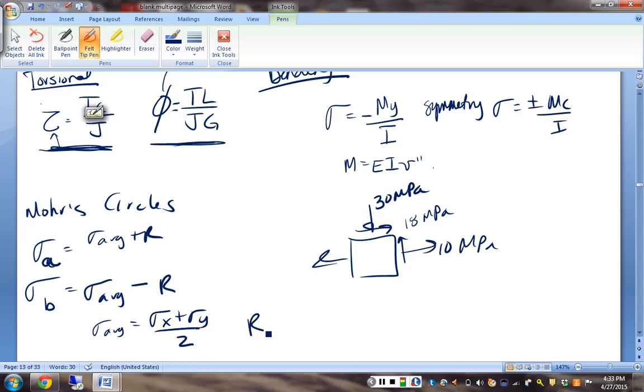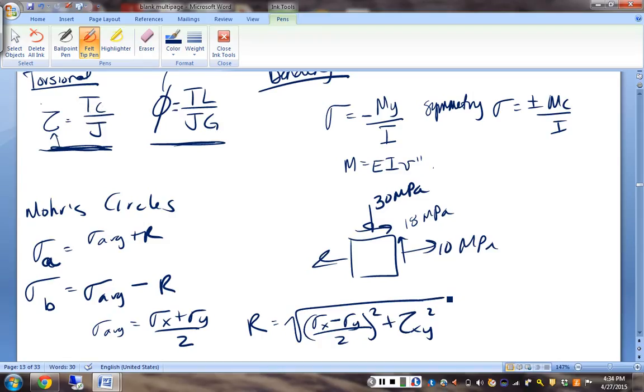What's the radius? The radius is that Pythagorean distance. And it's important that you remember that it's not sigma average in there. It's the difference term. So that's your Mohr's circle geometry stuff. So this is an arbitrary stress state. These are your principal stresses, sigma A and sigma B.